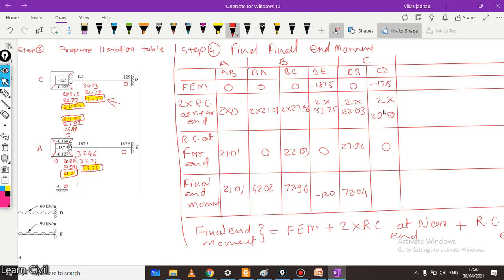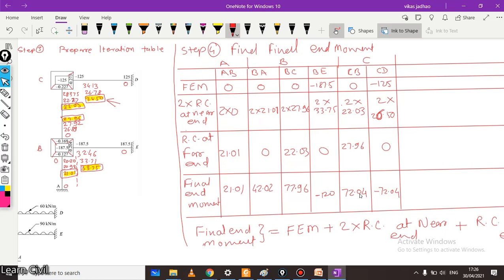I by mistake wrote down this as 20.50. This is 26.50. 2 into 26.50. So this is equal to minus 72.04.